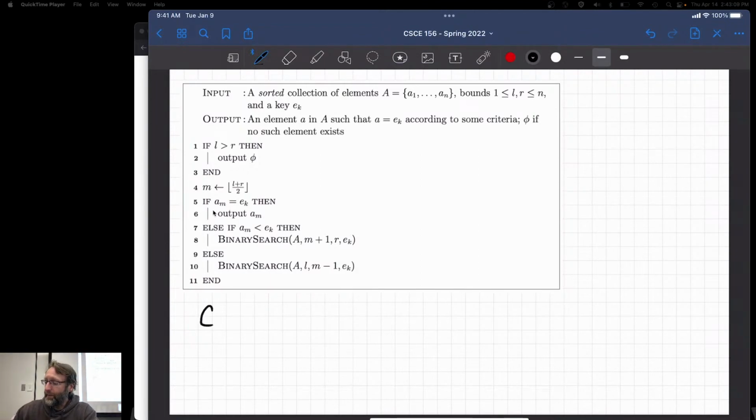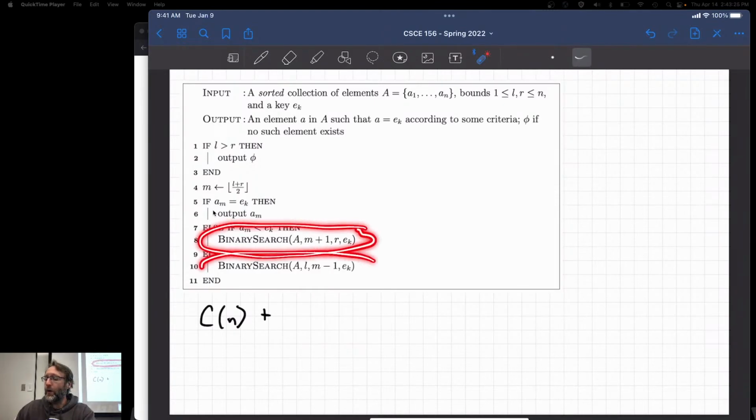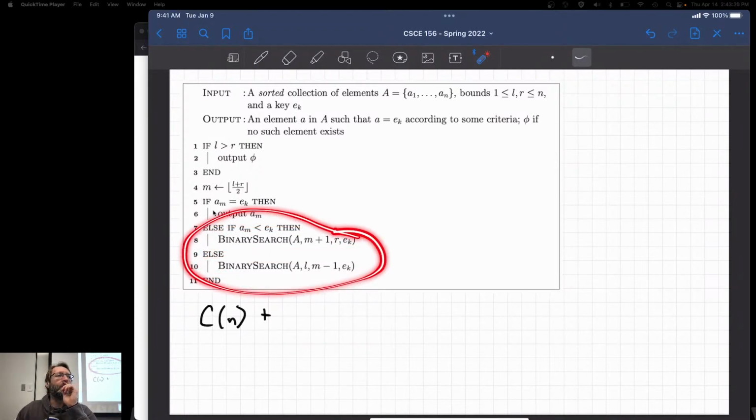The same trick. I'm going to establish that C of n is the number of comparisons performed by binary search on an array of size n. Now, what's the recursive cost here? We make a recursive call here and a recursive call here. Do we actually make both of these recursive calls? No, why?